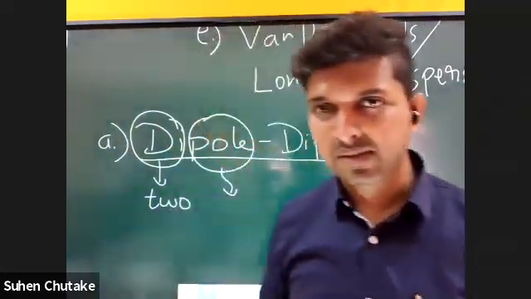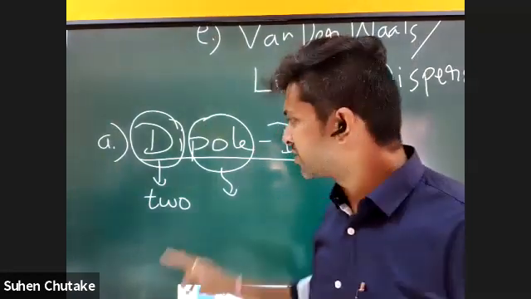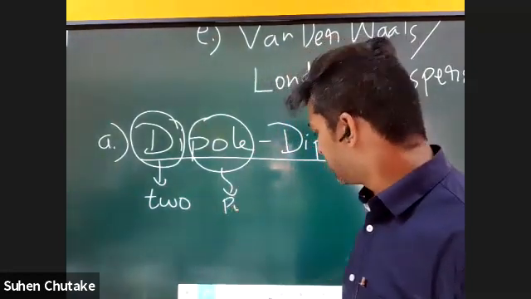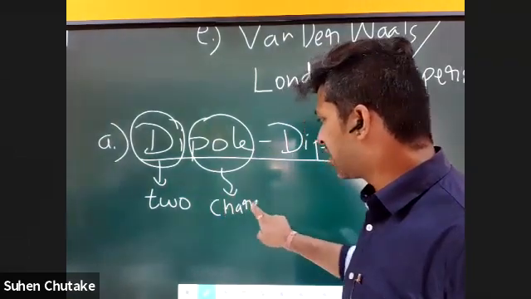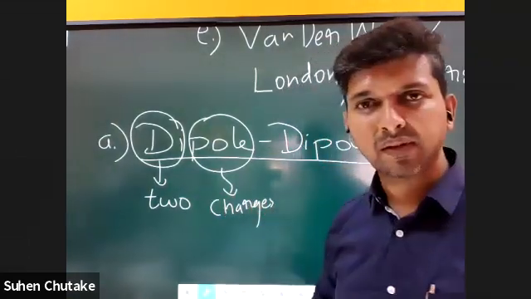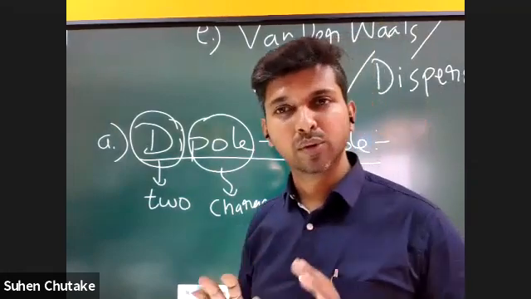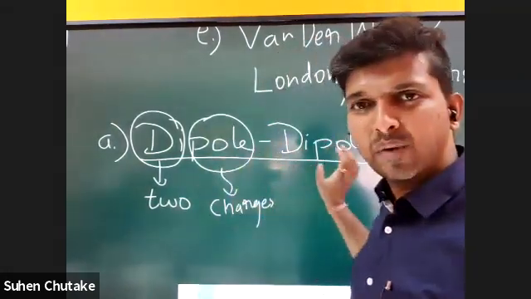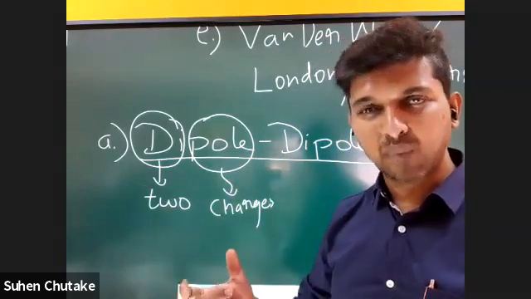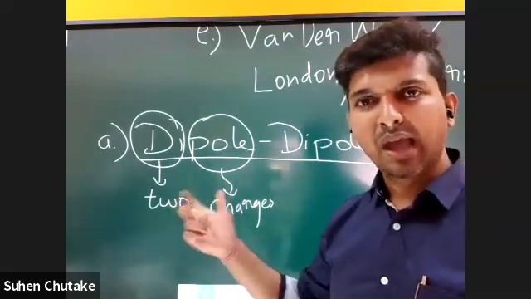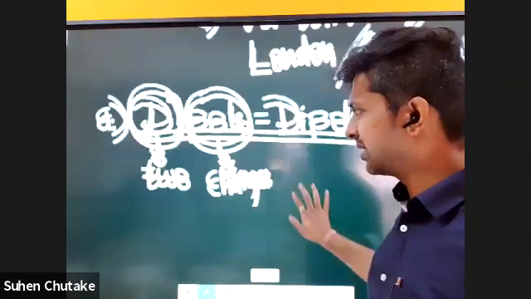The one which has two charges is called a dipole. So dipole interaction means two compounds which have poles, both charges, and there will be attraction between them. Let's see how.